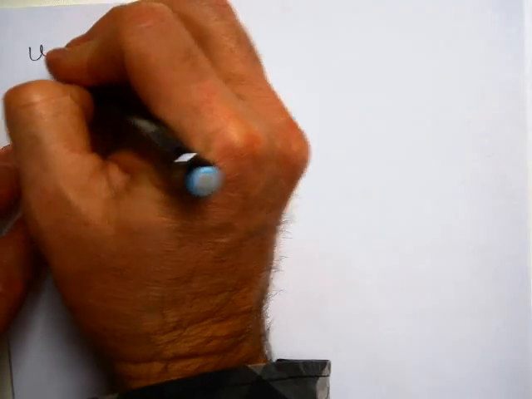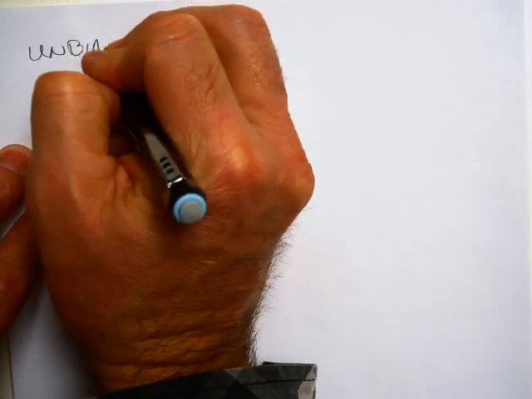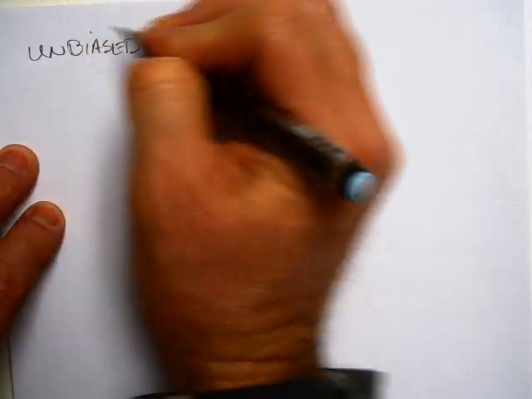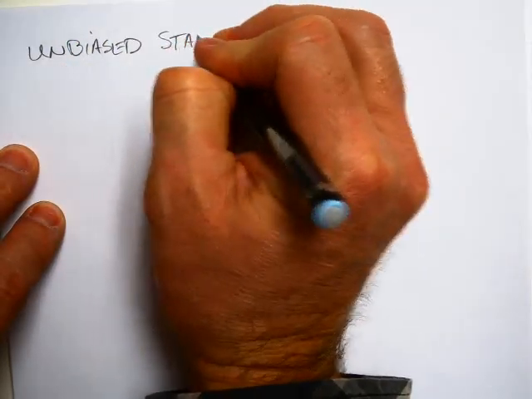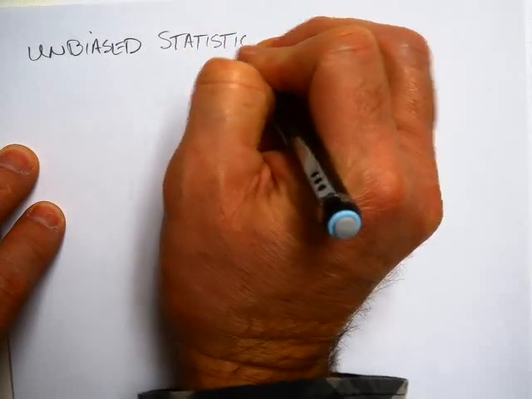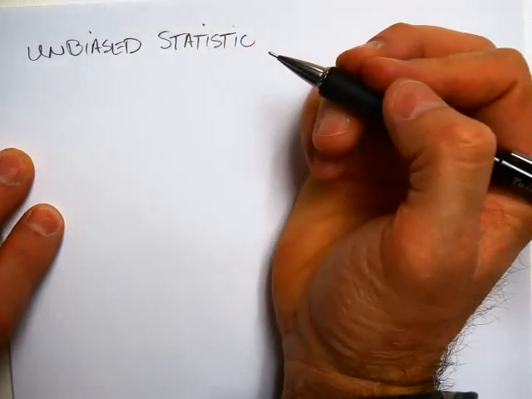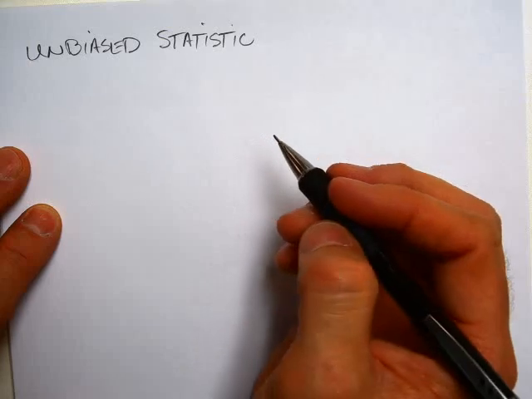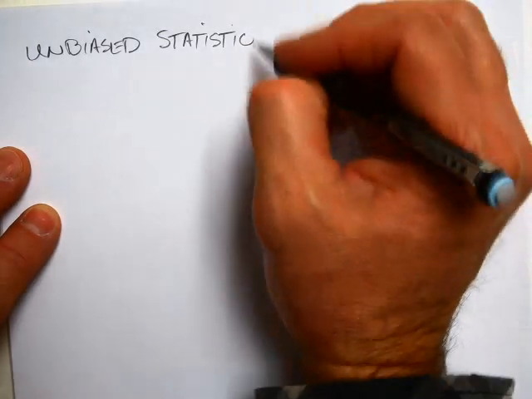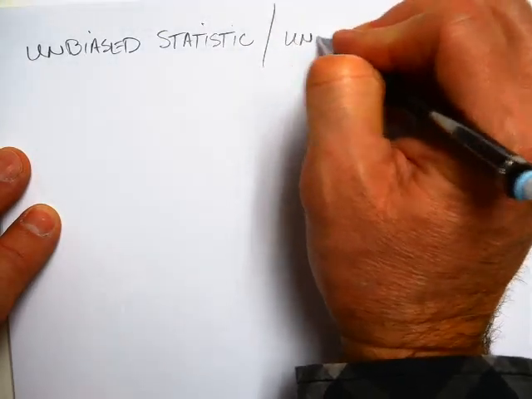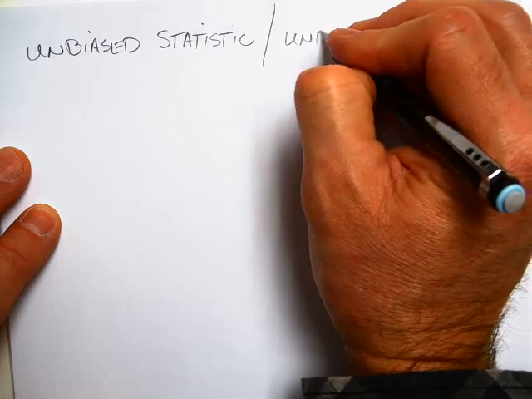Unbiased statistic. What's a statistic? A number we can calculate from a sample, right? Unbiased estimator.